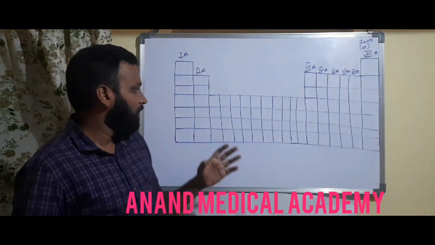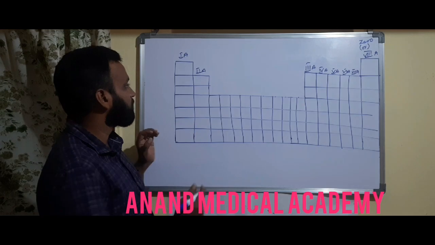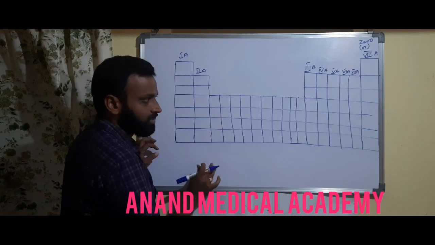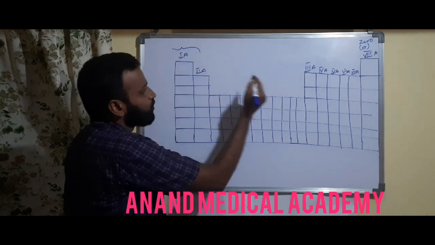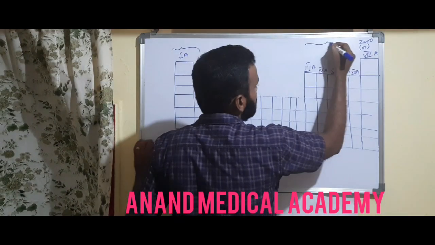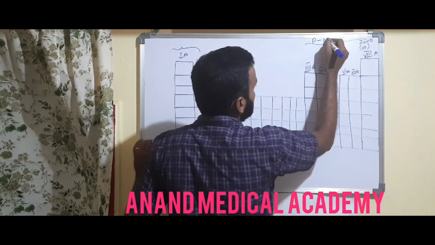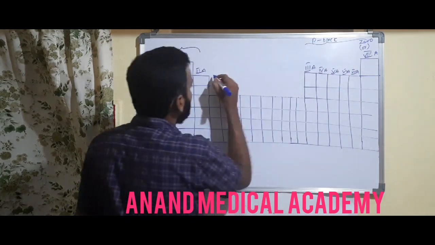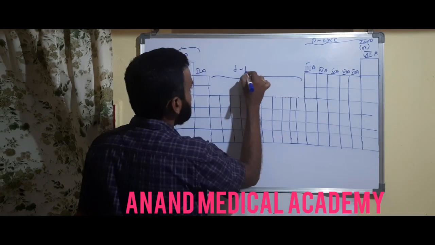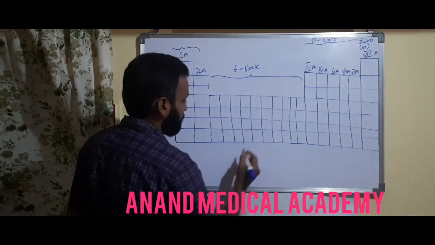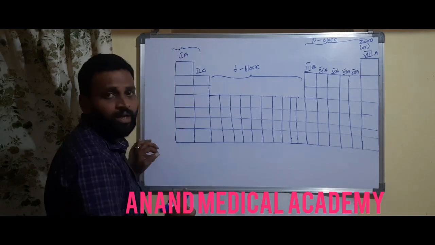Here I have written just the normal blocks, actually 3 blocks. This is the S block, these two groups I gave in the previous class also. This is the P block, and from here to here, 10 groups, is the D block. And here you have the F block at the bottom of the periodic table.